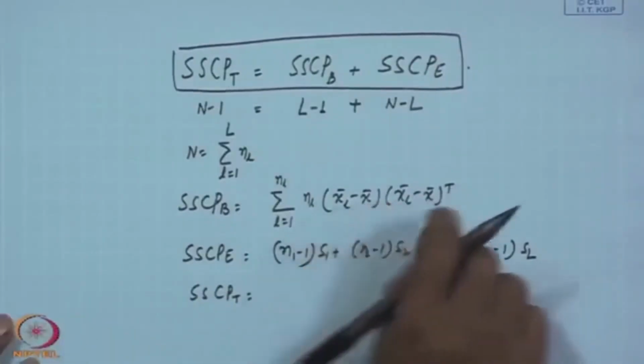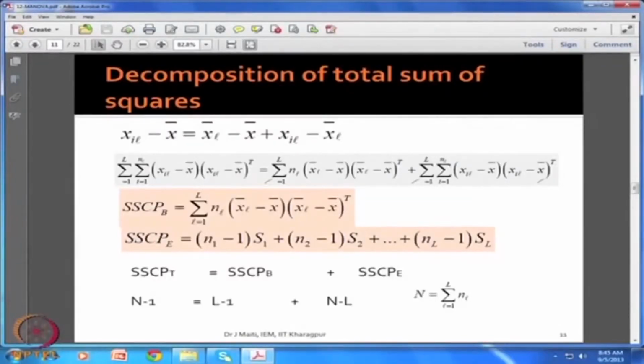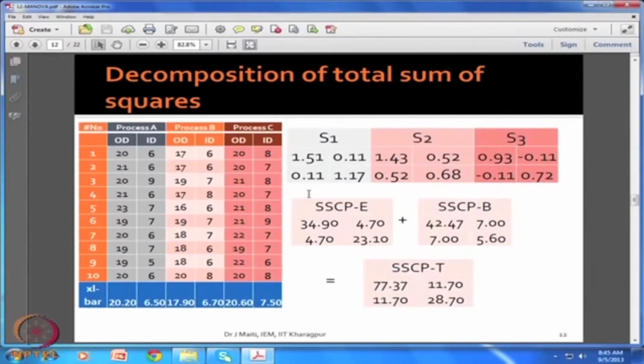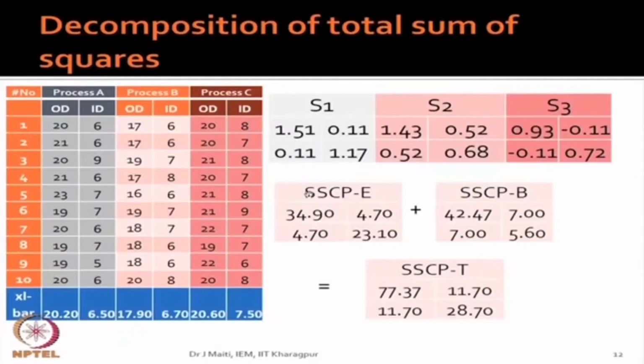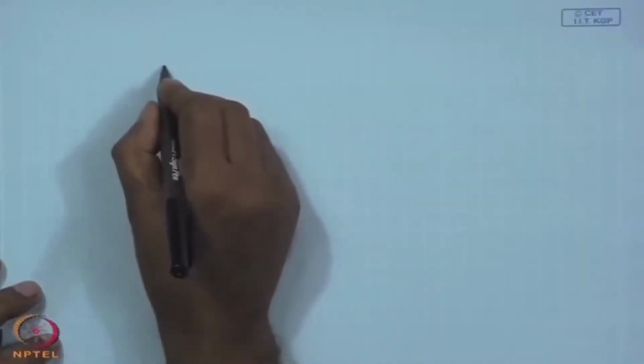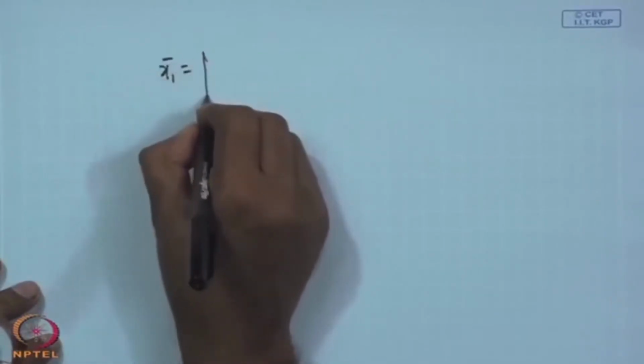Okay. So, now let us see one problem what we have discussed in last class, that there are three processes A, B and C, and we have sampled 10 observations from all the processes and two variables, outer diameter and inner diameter. The mean values for process A is 20.20 and 6.50.